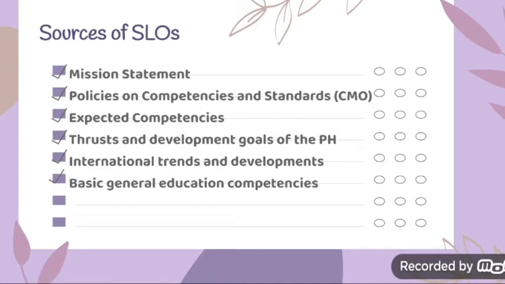And of course, with TESDA, the vocational aspect, we have the Technical Education and Skills Development Authority. They prescribe the different standards and competencies needed for good student learning outcomes.